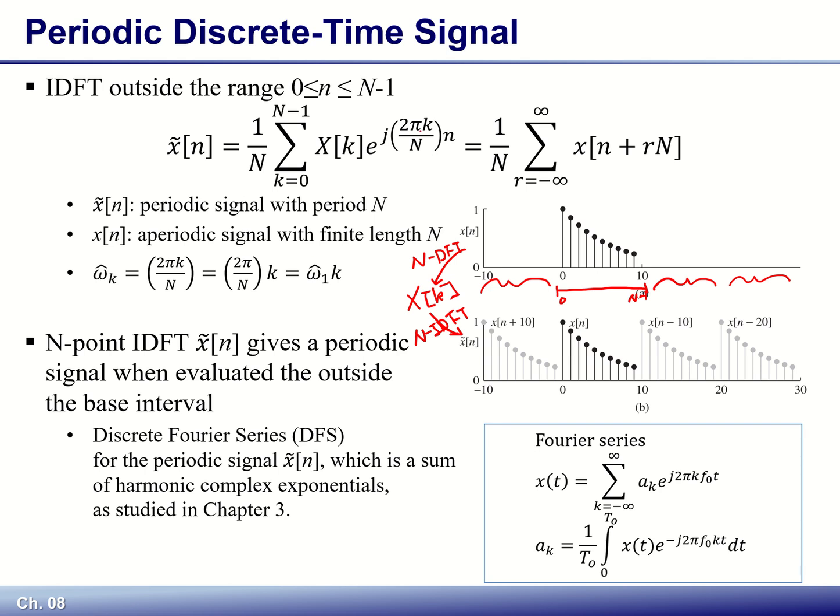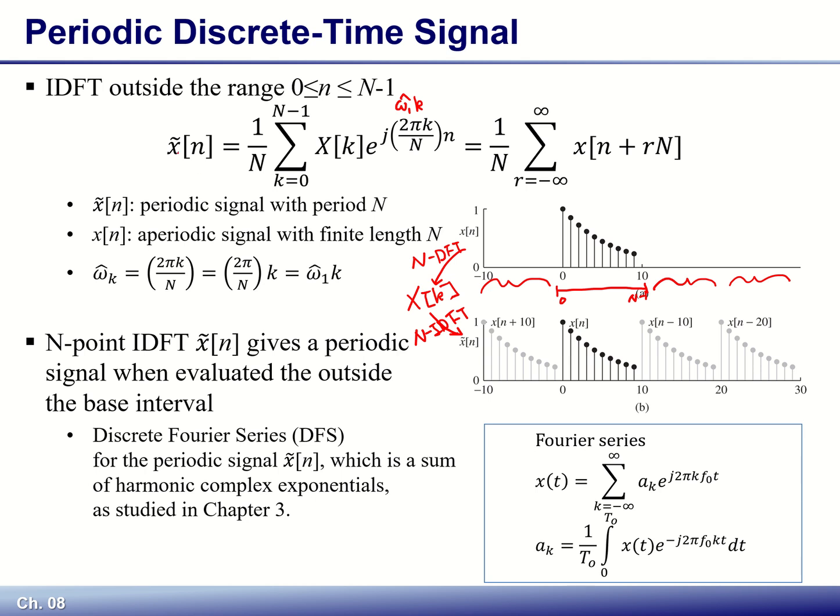Here, if we put this as omega 1 hat k, omega 0 or 1 or anything else, what does it look like? Actually, it looks like the Fourier series we already studied in chapter 3.